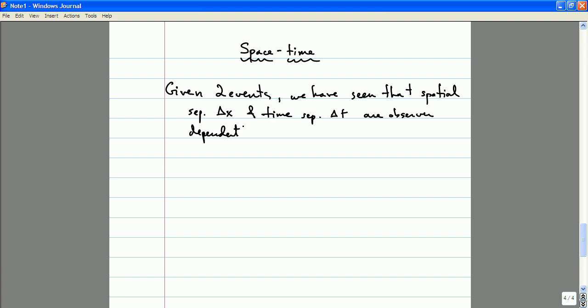In other words, they depend on the coordinate system in which they are measured.